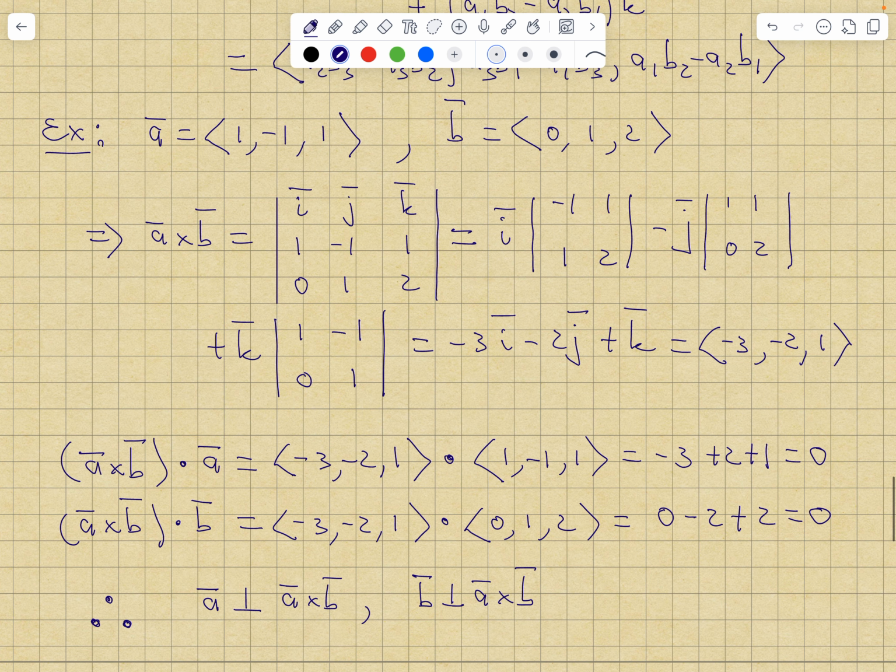That's one of the reasons to introduce it: the cross product of two vectors always produces a new vector which is perpendicular to the two vectors of which you have taken the cross product. All right, and we'll continue tomorrow.